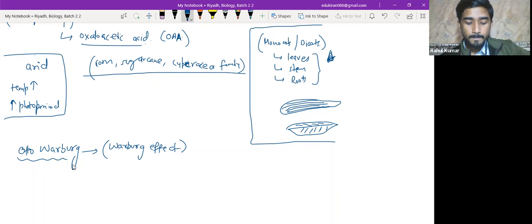that presence of O2, oxygen, inhibits photosynthesis in C3 plants. And why does it do so?